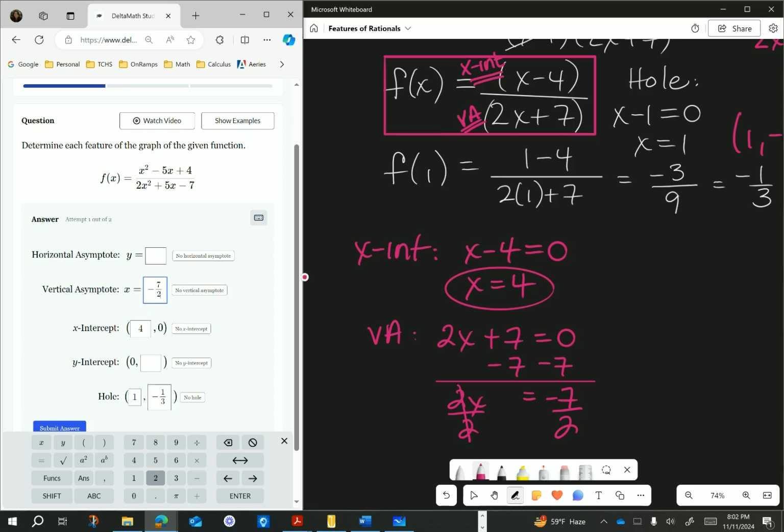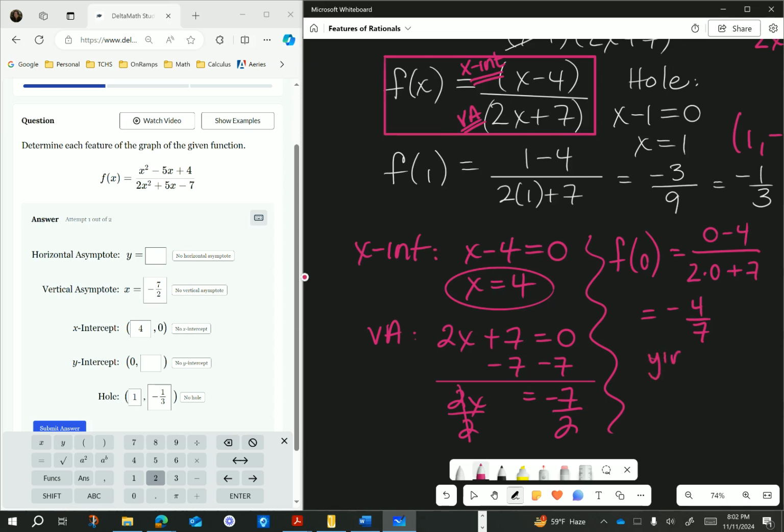So the y-intercept just says, look at that function, plug in 0 for every x, and we're going to end up with 0 minus 4 over 2 times 0 plus 7. What is that? Negative 4/7 is our y-intercept. So they're going to want you to type it in as x is 0, y is negative 4/7. So negative 4/7.